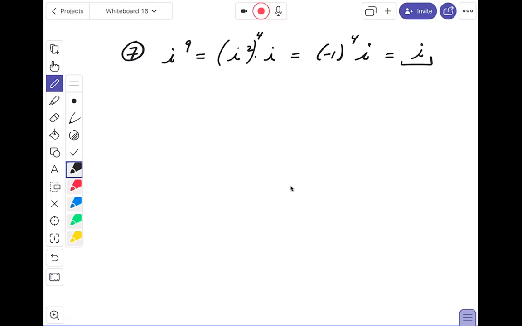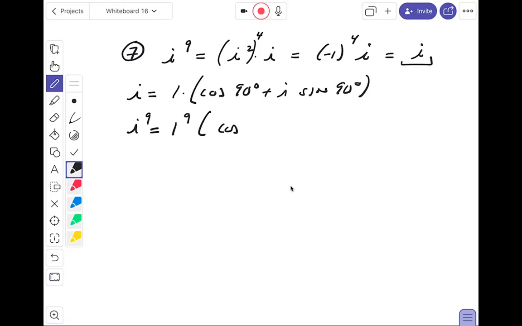If you want to do the polar form, I'll write this one down for you. Now, if I looked at i, the polar form of i would be 1 times cosine 90 degrees plus i sine 90 degrees. That's not so bad, right? i to the 9th would be equal to 1 to the 9th power times cosine, well, it's going to be 9 times 90 degrees now, right? Plus i sine 9 times 90 degrees.